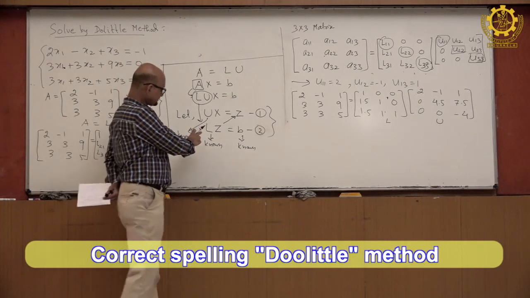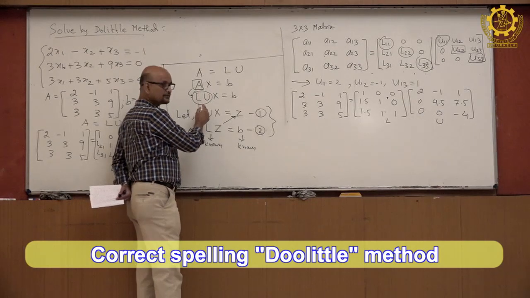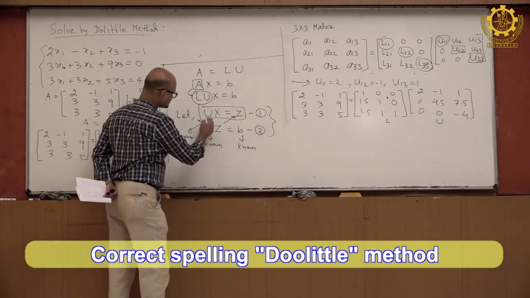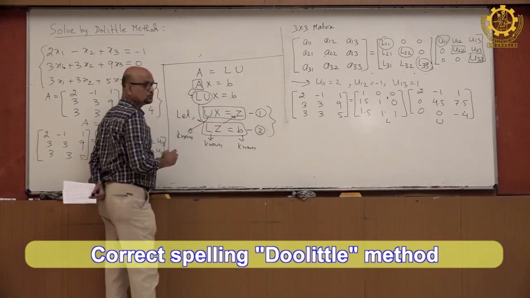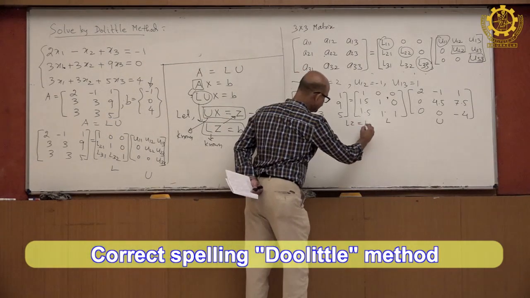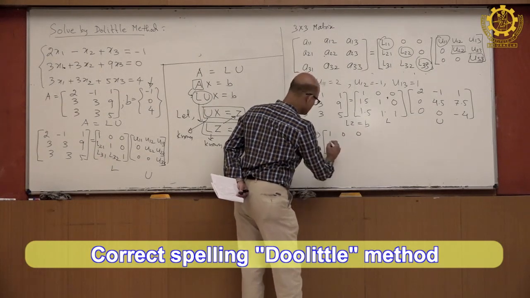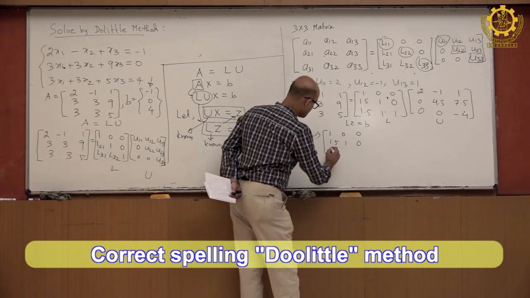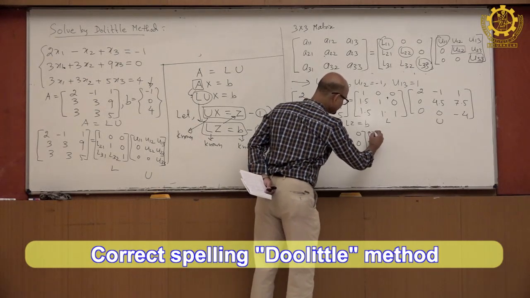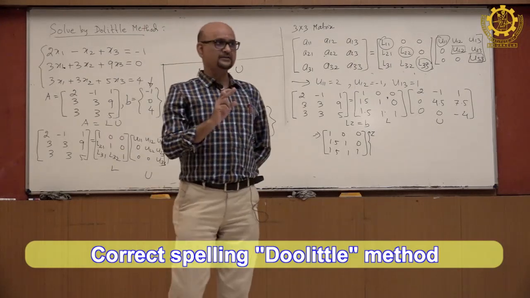So okay, first you will go with this. Ax is equal to B, I can substitute for A as LU, LUx is equal to B, and we suppose that Ux is equal to Z, then Lz is equal to B. So I will have L as 1 0 0, 1.5 1 0, 1.5 1 1, into Z. Remember, Z components will depend upon the order of the matrix.